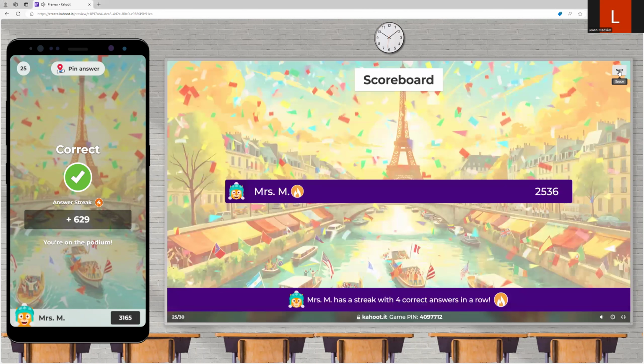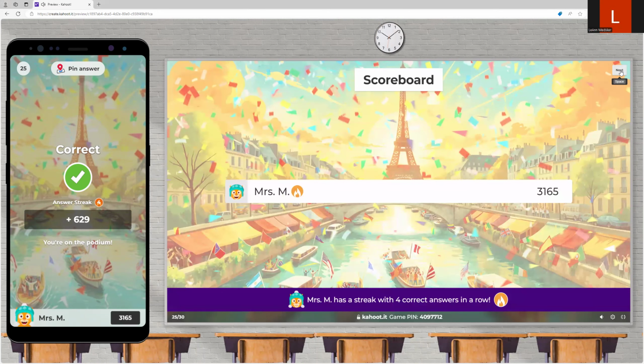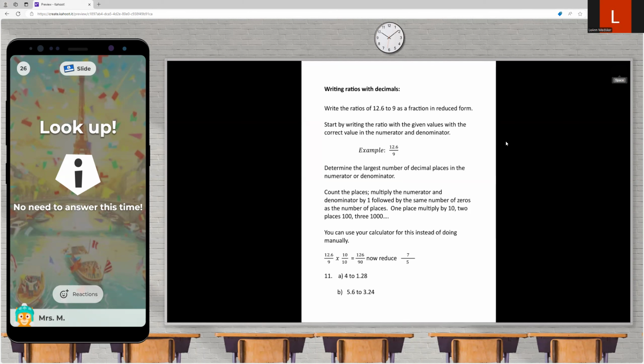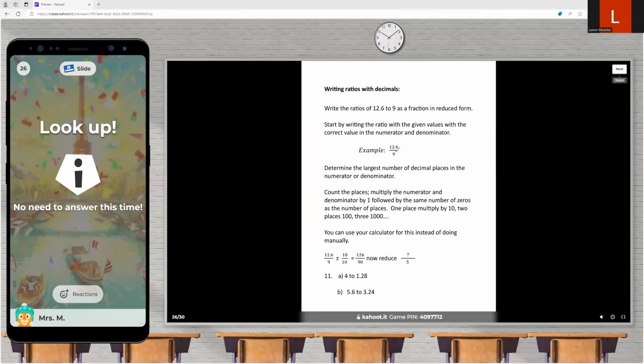I believe we just have some conversions with measurements, some ratios. So let's look at this next part. It says write the ratio of 12.6 to 9 as a fraction in reduced form. Now, when you write that, that's a decimal. So unfortunately, that's not supposed to show up in our fraction. So if we have this, you don't want to divide this and make it even worse. We want to actually leave it as a fraction. So you can move the number of decimal places you need on top to create a whole number.